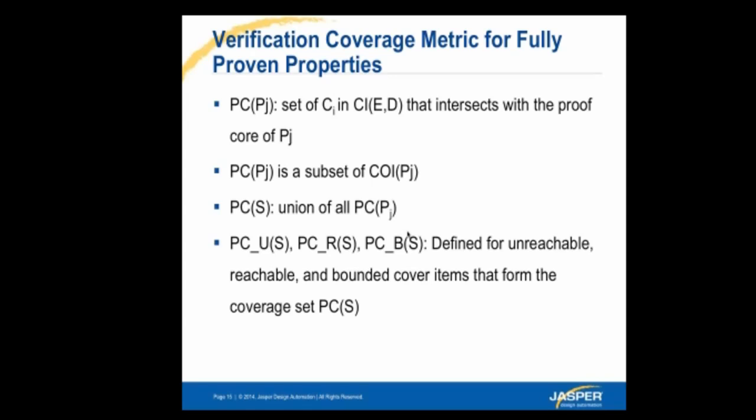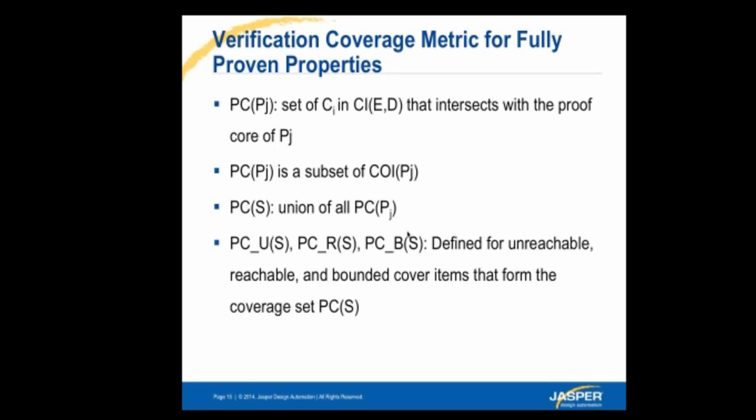We collect the proof core per property and take the union of all the cores together, and the overall contribution of the properties is the set of cover items inside the proof core from each property. So basically, this is a subset of the union of the cones of influence of all of them. So this is a precise analysis.